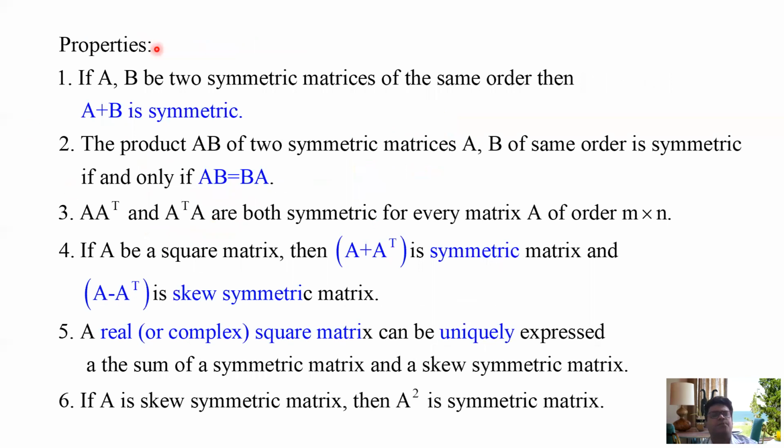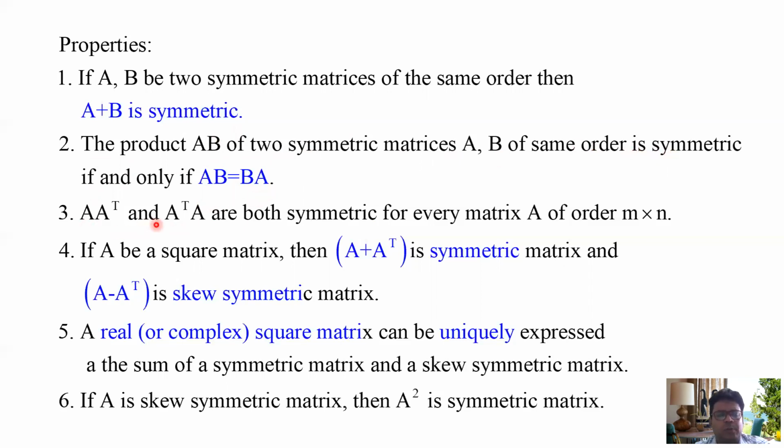Now some properties. Number 1, if A and B be two symmetric matrices of the same order, then A plus B is a symmetric matrix. Number 2, the product AB of two symmetric matrices A and B of the same order is symmetric if and only if AB is equal to BA.